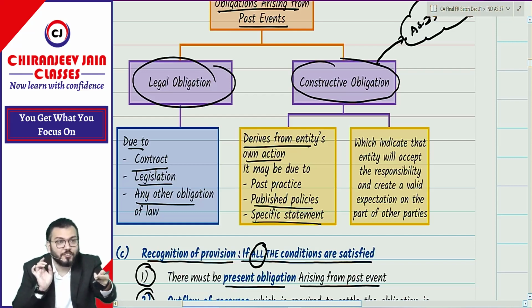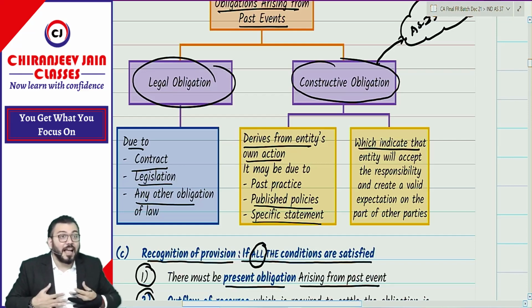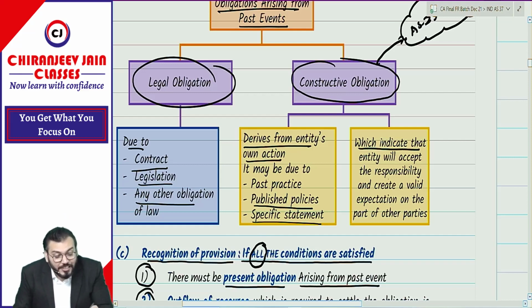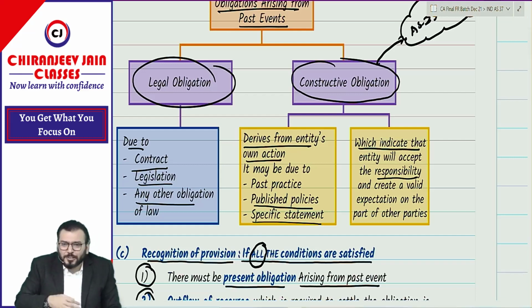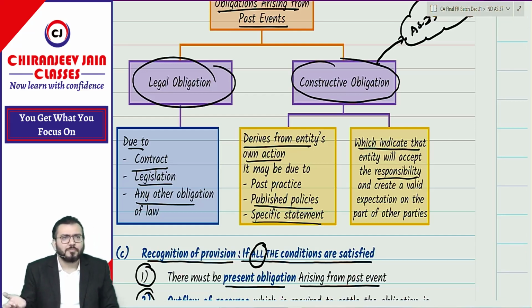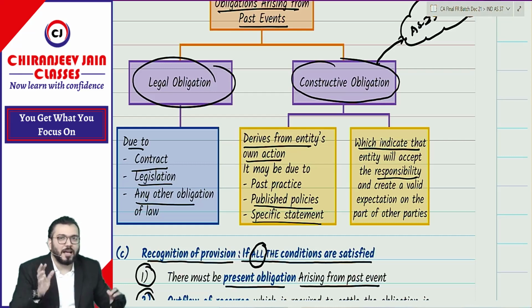I have given the example of a specific statement which indicates that the entity will accept the responsibility. Of course, if I do not refund the amount, it deteriorates my goodwill in the market, because you will say negative things about me. So I will accept my responsibility. Of course, I have some goodwill in the market.